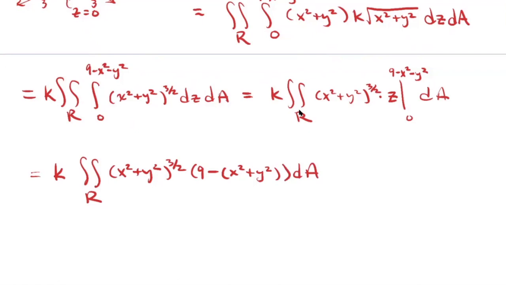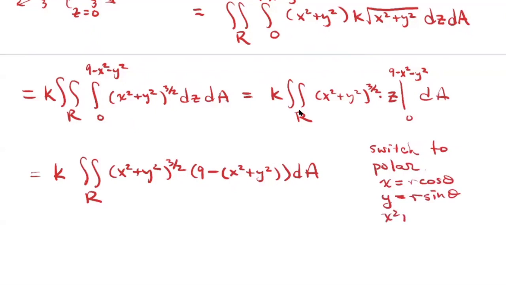Okay, and then we're going to switch to polar. In polar, x is r cos theta, y is r sine theta, and that doesn't actually come up because all you have to deal with is x squared plus y squared, and that's r squared.